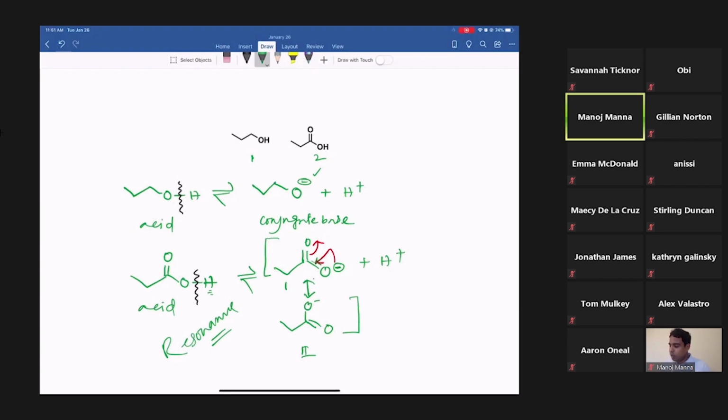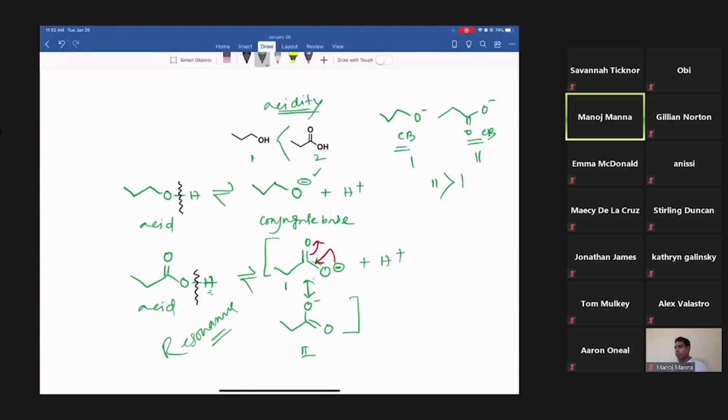This is an sp3 carbon, so how can it move? The electron cannot move from the oxygen to another place. So comparing these two conjugate bases, the stability of 2 is greater than 1. That's why I mentioned, take a short note: the higher the stability of the conjugate base, the more acidic the corresponding acid is. So comparing the conjugate bases, now we can see the acidity order.